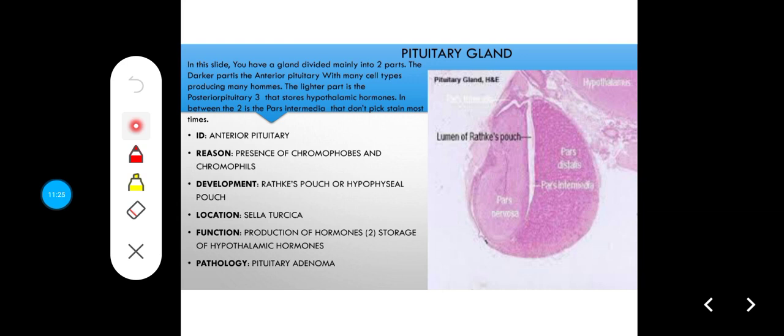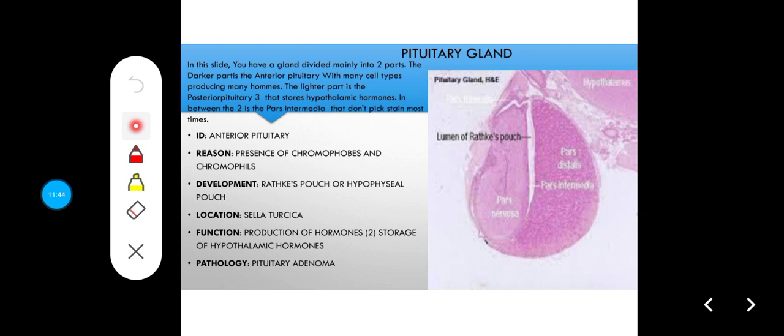The lighter part is the posterior pituitary that stores hypothalamic hormones. In between the two is the pars intermedia that stains poorly most of the time, and it is rudimentary in humans.